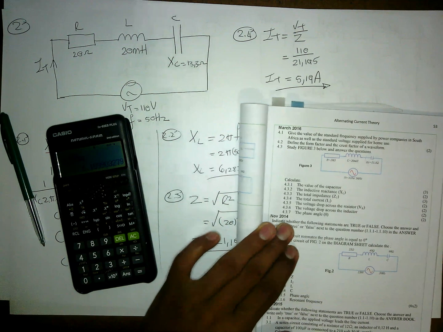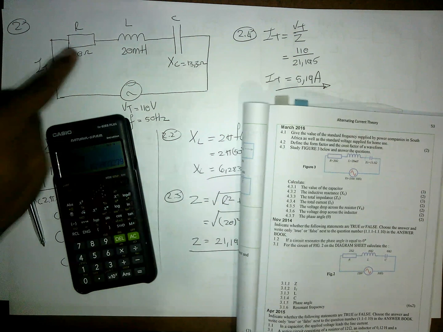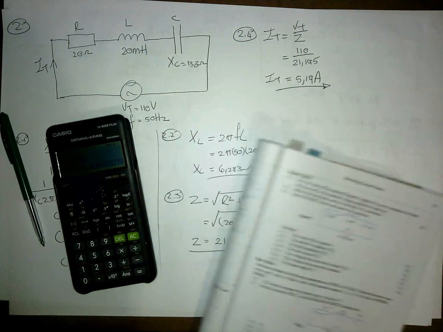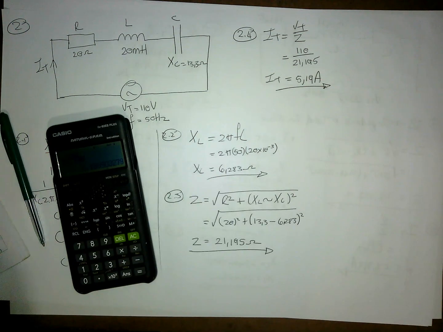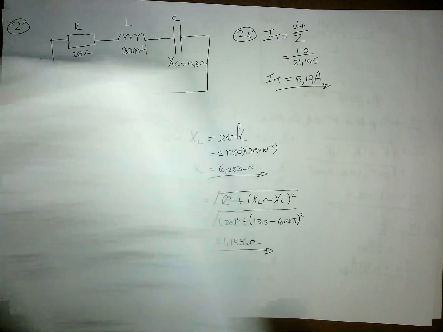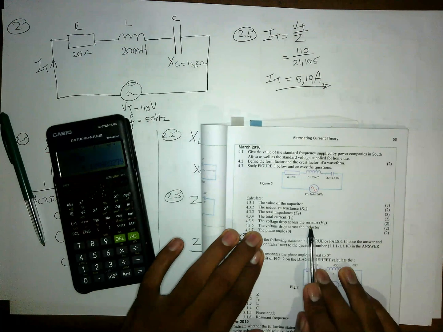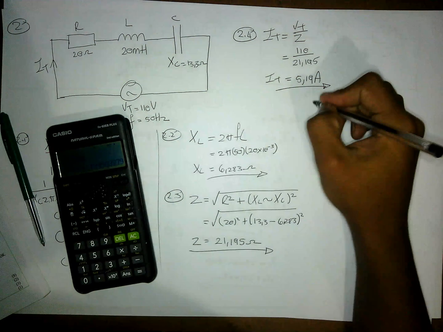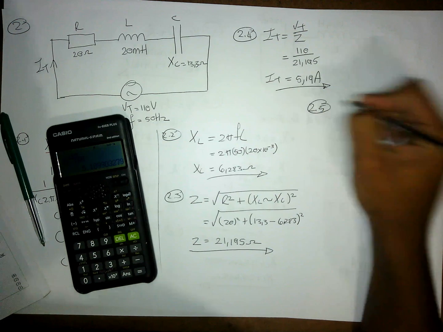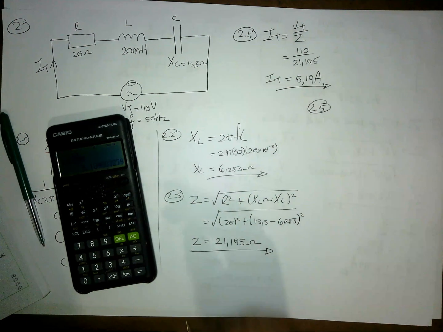The next question is asking for the voltage drop across the resistor, and the voltage drop across the inductor. Ms. Jacobs, can you tell me the formula for the voltage drop across the resistor, please?